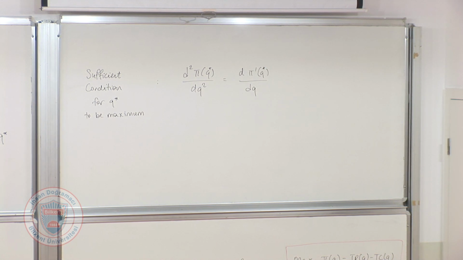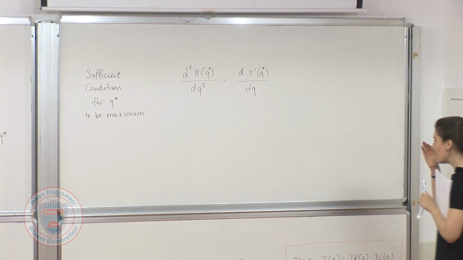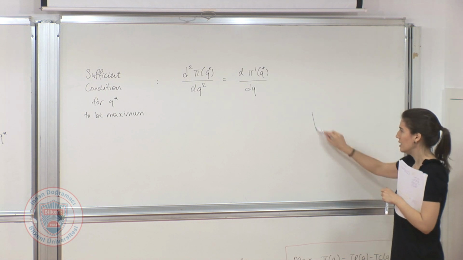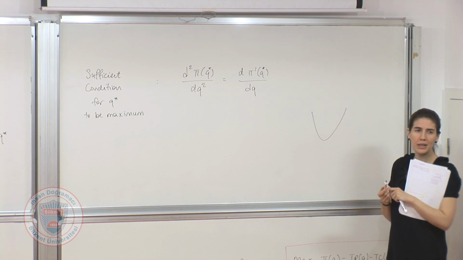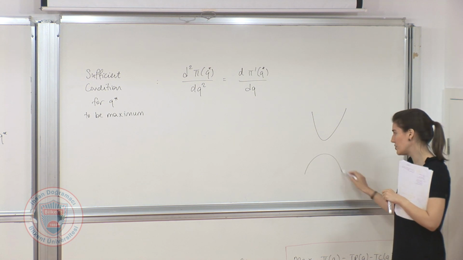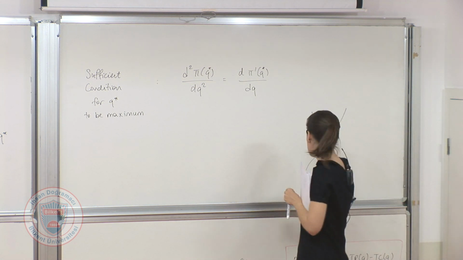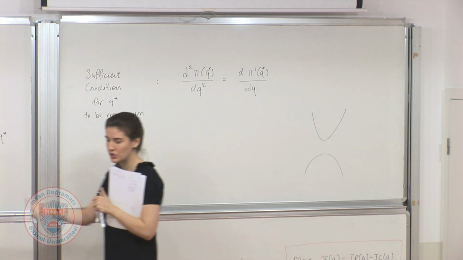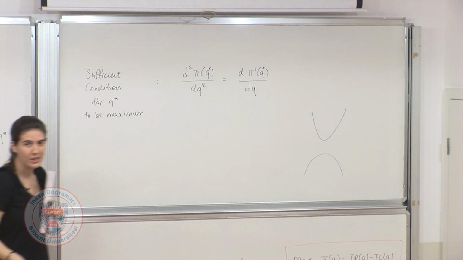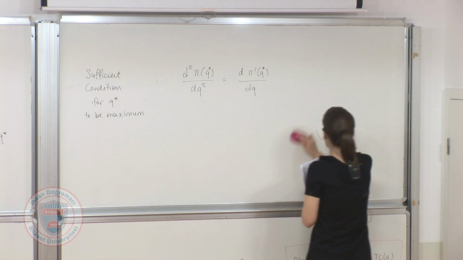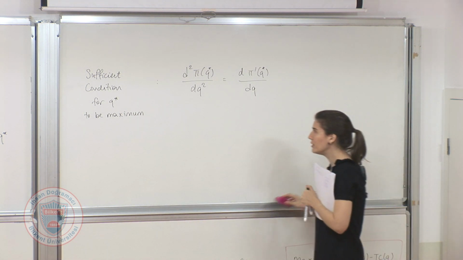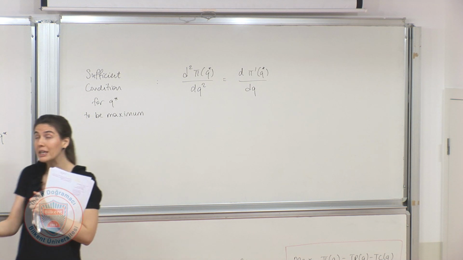For a maximum, always think of it like this. For a maximum to exist in such a function, do you think a maximum can exist? No, right? There's a minimum here. So this is a concave function, and the other one is a convex function. So it has to be concave; it should be on the concave portion.